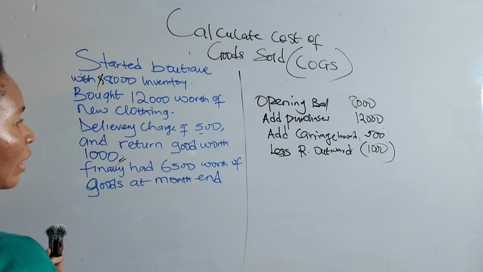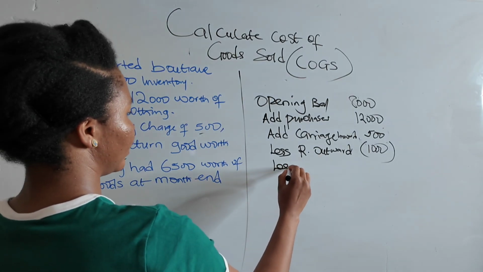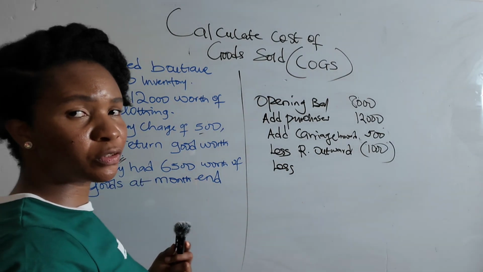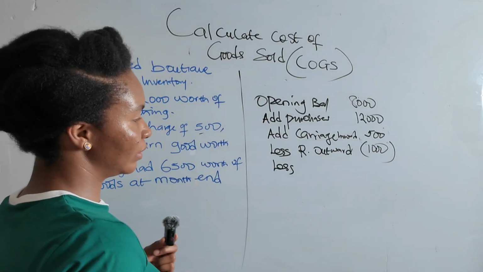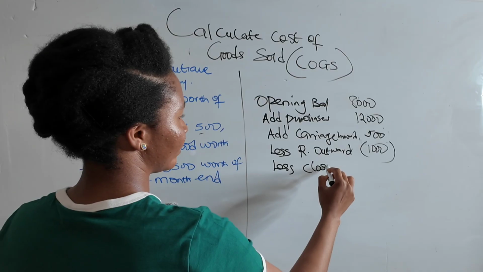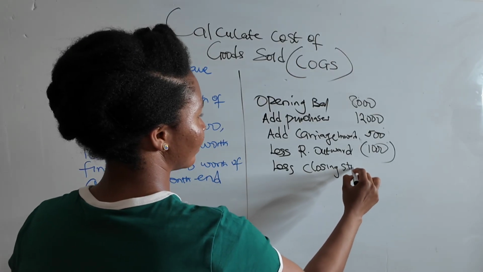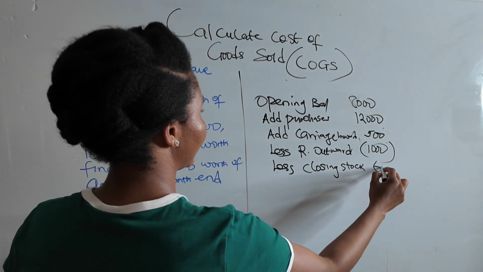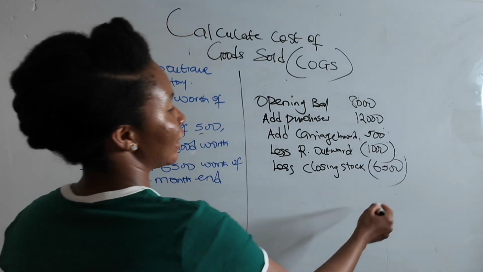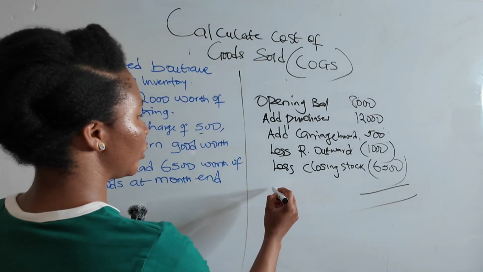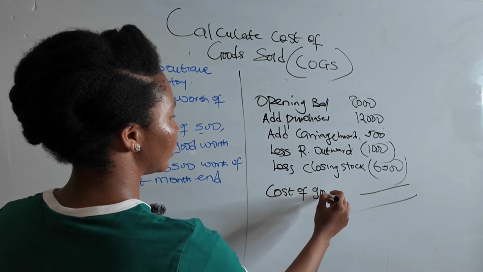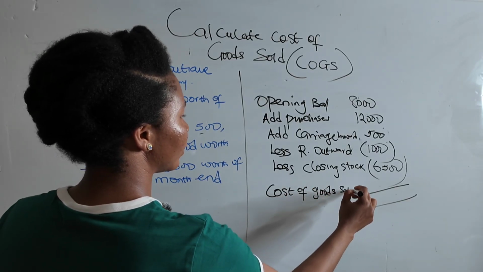And finally, we have 6,500 worth of goods left at the end of the month. We'll say less closing stock, and it's worth 6,500. When you put this in the calculator, it's going to be cost of goods sold.